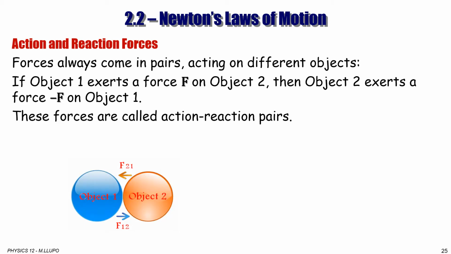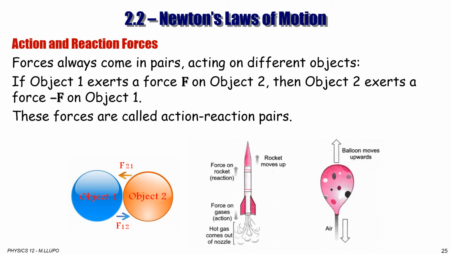If we have two objects, two spheres, we know that if object 1 applies a force on object 2, that we can label F1 on 2, then object 2 is going to apply immediately a force, the same force, same magnitude, but the opposite direction, on object 1.